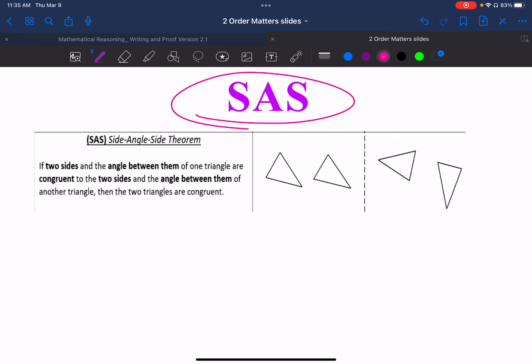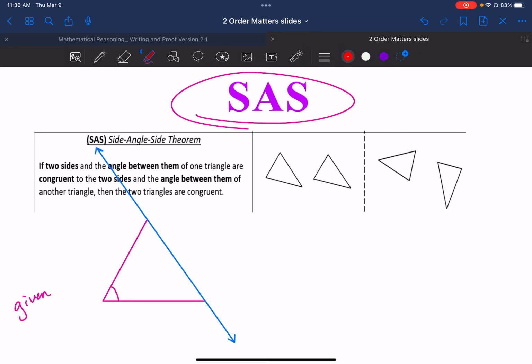The way I like to mess around with this is by showing, well, if I have a side, and I have another side, and I have the angle between those, I've locked in those sides and their angle. A lot of geometry is built on this, so this is my given. If I make a triangle out of this using a straight line, there's only one triangle that I can make.